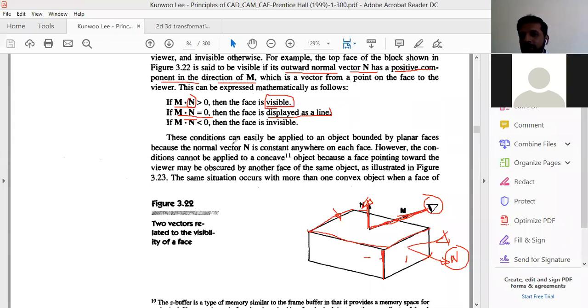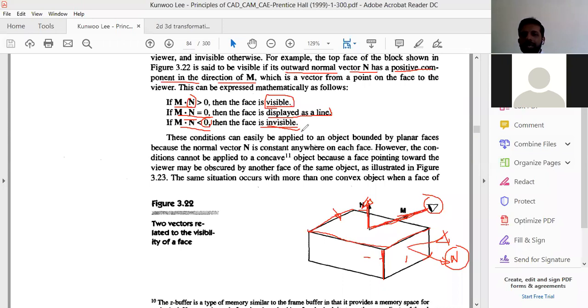But if this is going to be negative, that is less than 0, then that particular face itself is going to be invisible to the viewer. So this is how this algorithm actually works. There's a mathematical sequence and a format in which this algorithm is written.